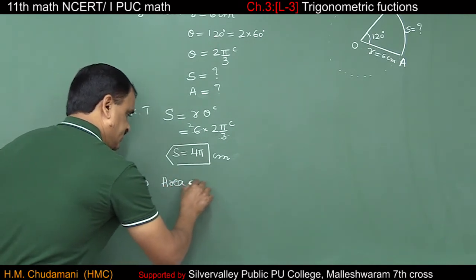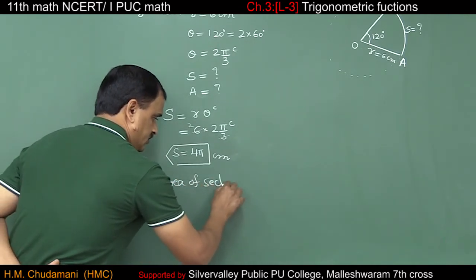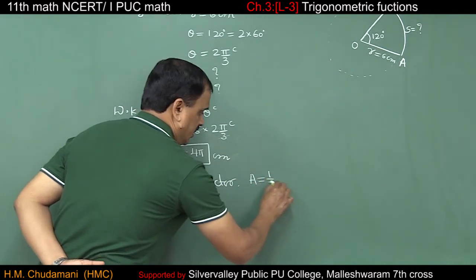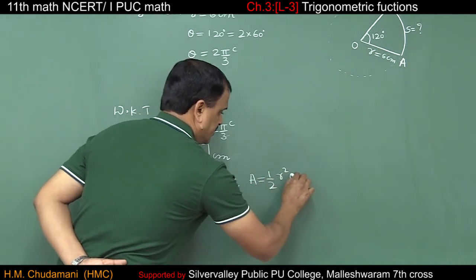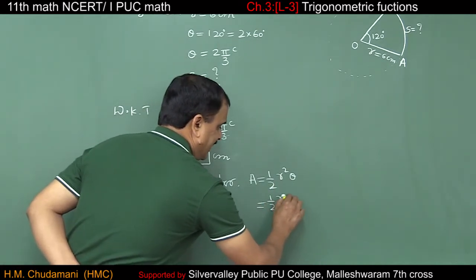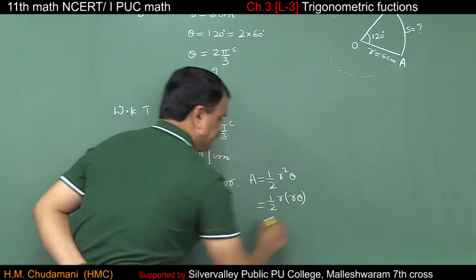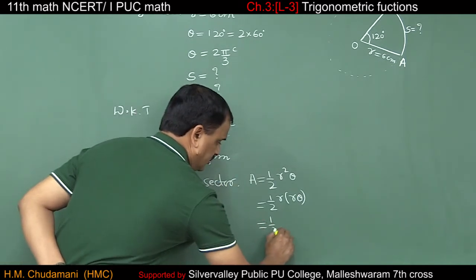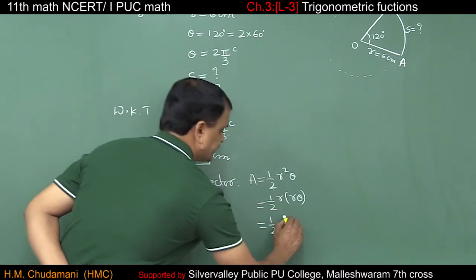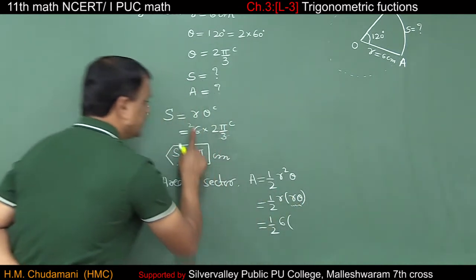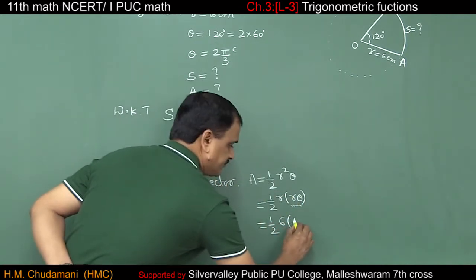Also, the area of a sector. A is equal to half R square theta radian. You can work it out by two methods. Half into R into R theta. R is 6, and R theta is S, which is 4 pi.